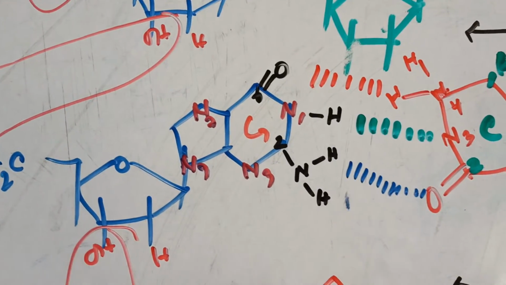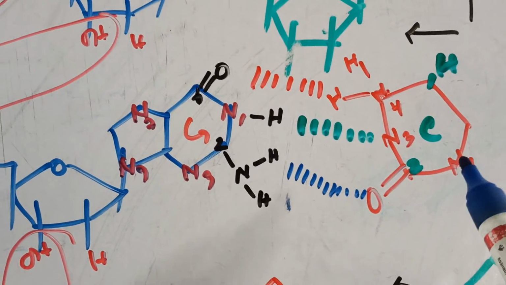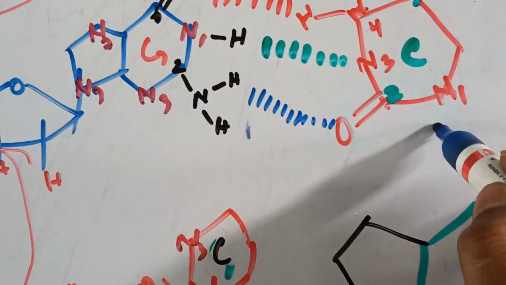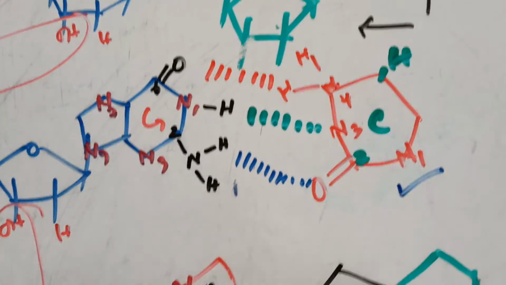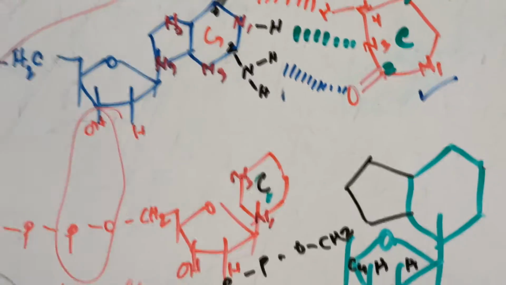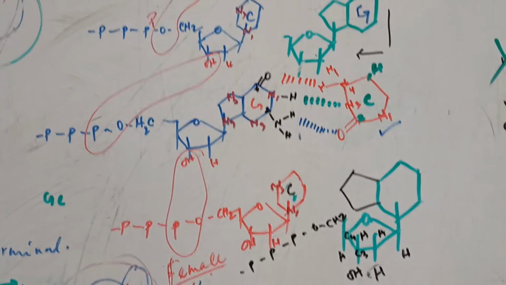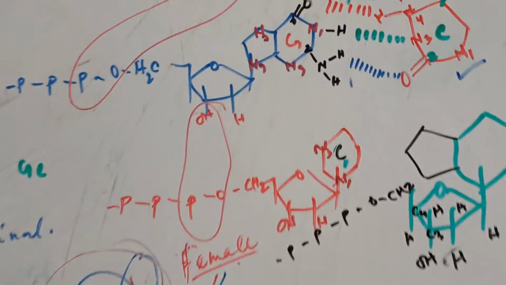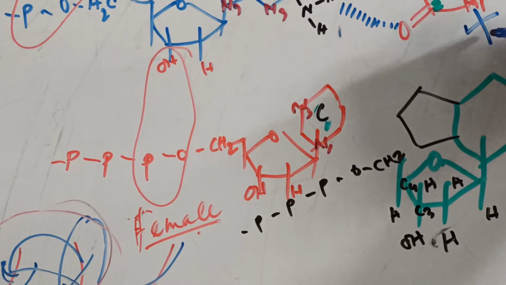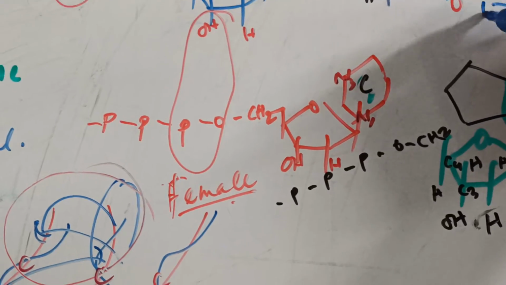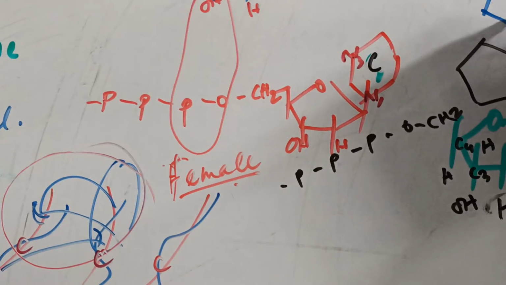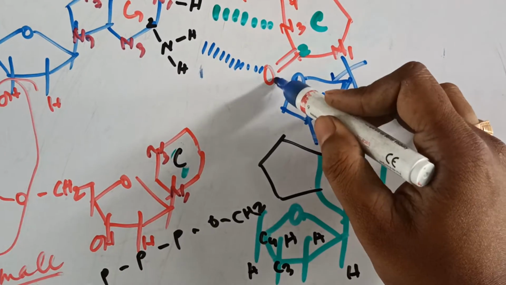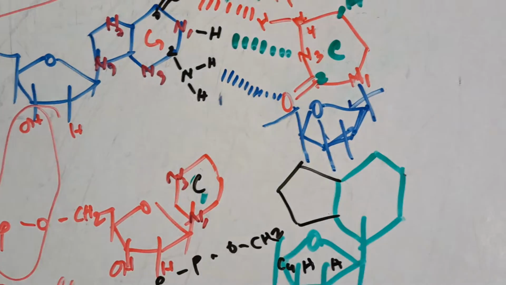The position is shown here, and they will form a bond with C, cytosine. These are pyrimidine, cytosine, and they will form 3 hydrogen bonds. So when these subsequent nucleotides come, they will bind this way also, because here we will have another phosphate group.